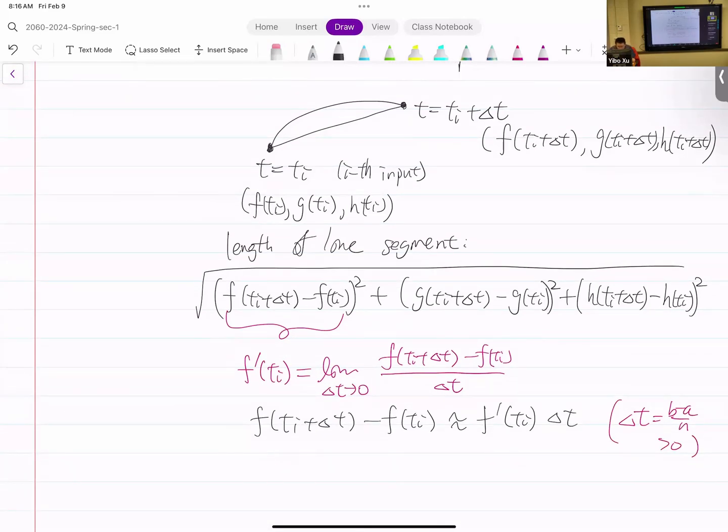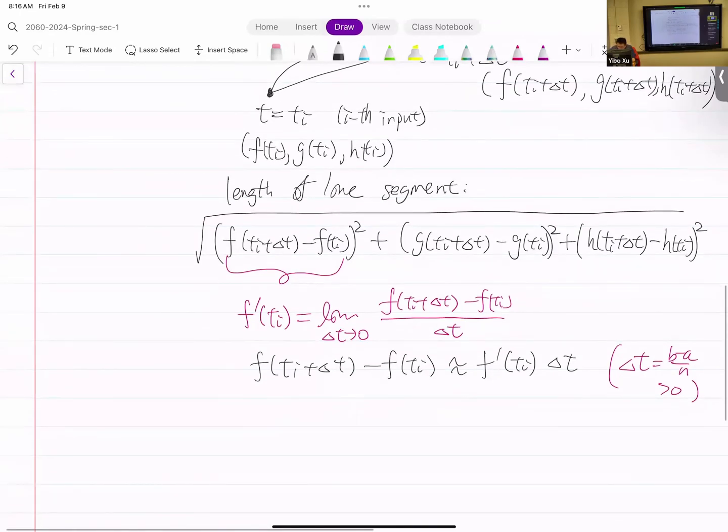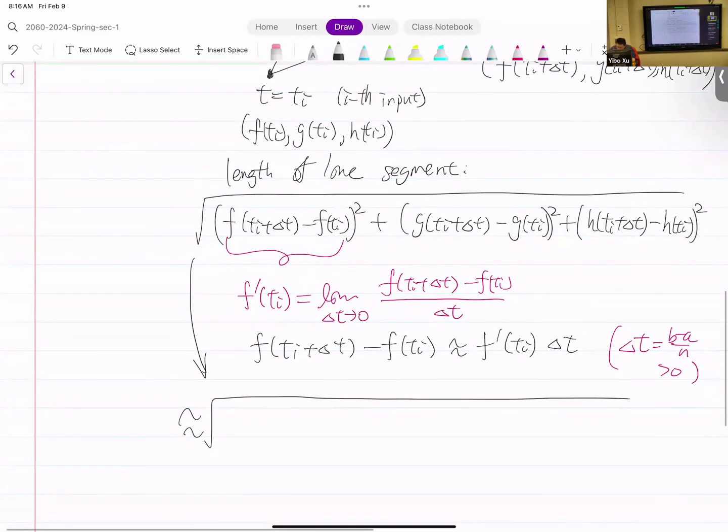And then we can rewrite the thing above. Now, it's going to be simpler. At every coordinate, we just replace by, for f, f prime, the derivative at the left-hand point, times delta t, whole thing squared. Plus, now g is going to be the same.